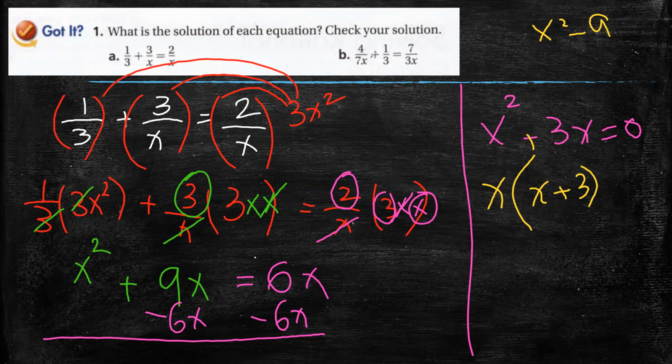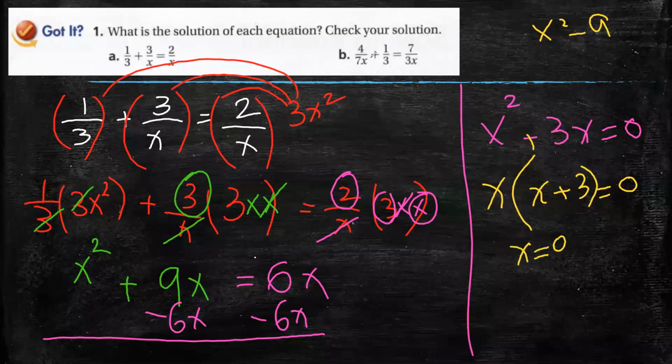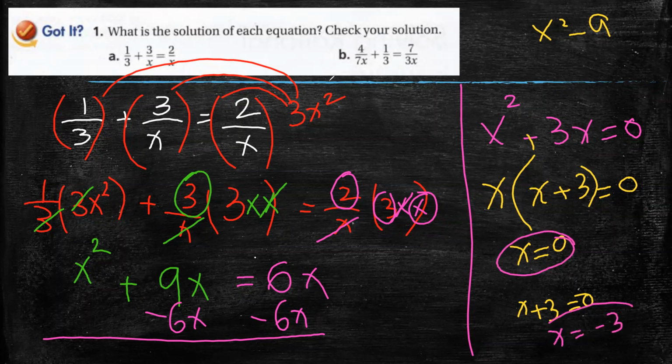But if you have only a and b, you have to use the common factor. You take x as a common factor, so you have x times x plus 3 equals 0. So x could be 0, and x plus 3 could be 0. So x is 0, and x could be negative 3.